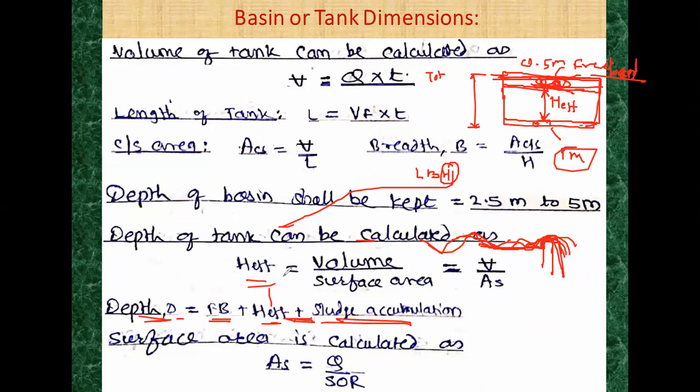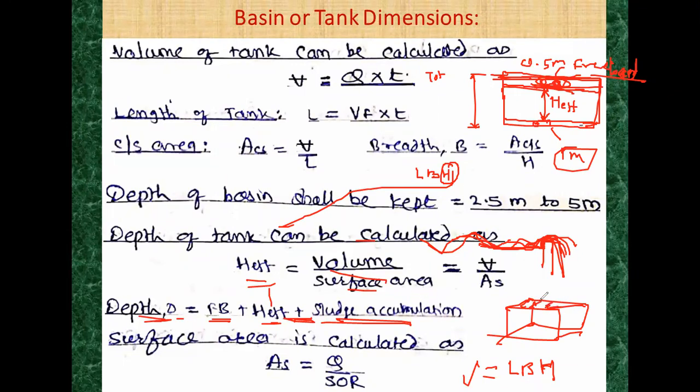So effective depth is nothing but volume upon surface area. Now what is the volume of the tank? Volume of the tank is length into breadth into height, LBH. What is the cross section area, or surface area?